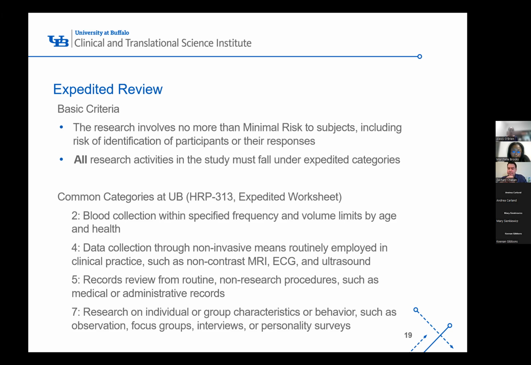Also, there are many types of intervention studies that are not exempt, but they also have a lot of surveys involved.